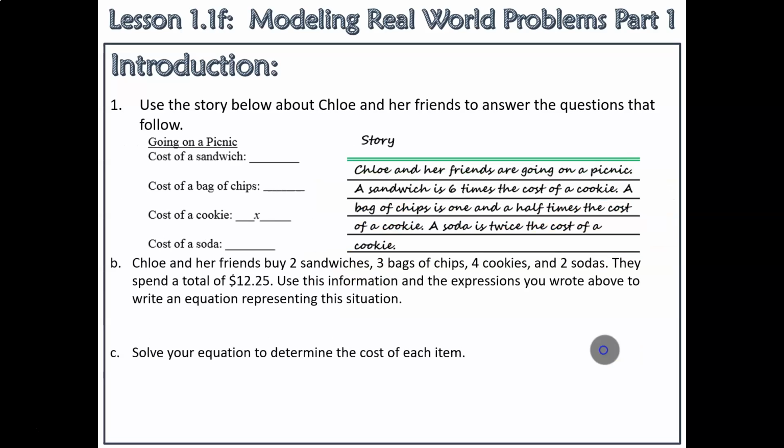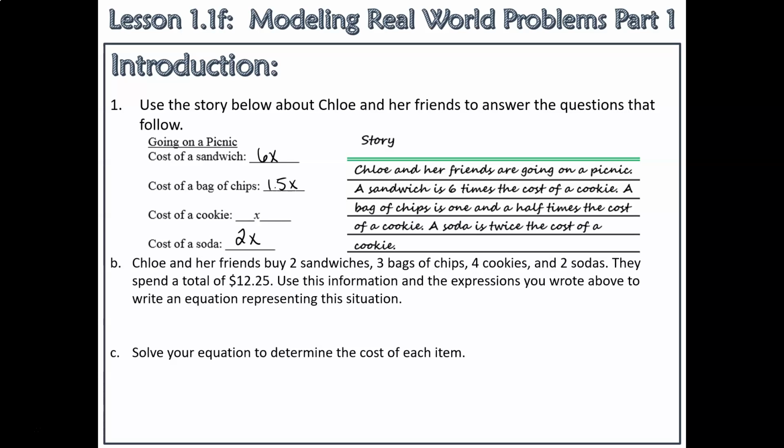Now let's go to part B. So let me fill these in for you. So B says, Chloe and her friends buy 2 sandwiches, 3 bags of chips, 4 cookies, and 2 sodas. They spend a total of $12.25. Use this information and the expressions you wrote above to write an equation representing the situation.